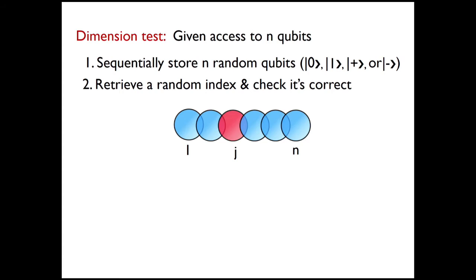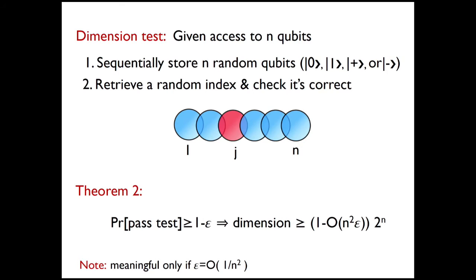Okay, so here is our dimension test. Suppose you have access to n qubits, and you first sequentially store n random qubits, each being either ket 0, ket 1, ket plus, or ket minus. Then you randomly choose an index, for example j, and go back to measure again to see if the result is correct. The point is, if the n qubits are nearly independent, then if you measure qubits j plus 1 to n, you will almost not change qubit j.